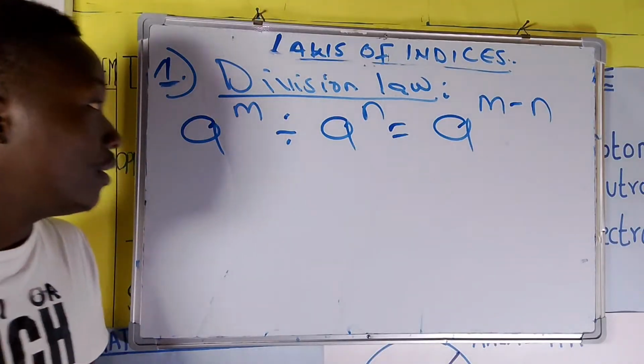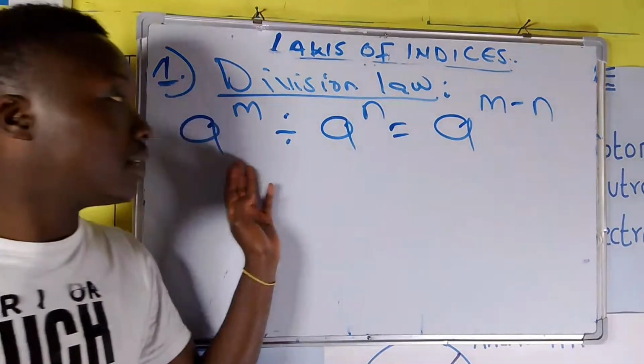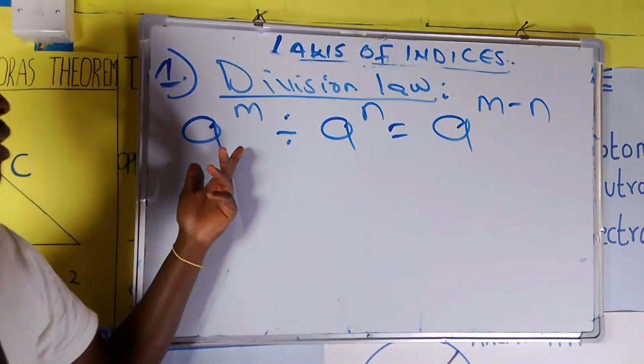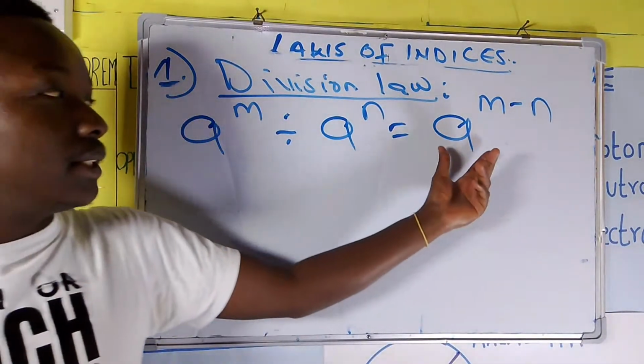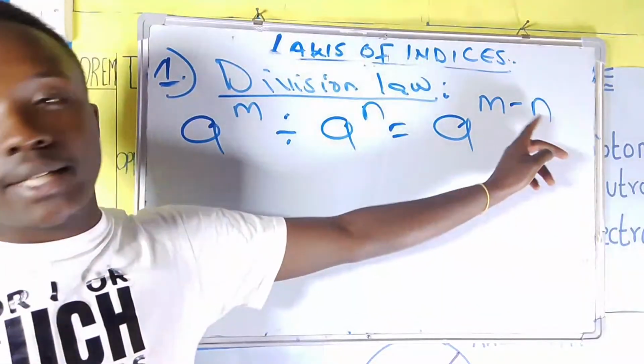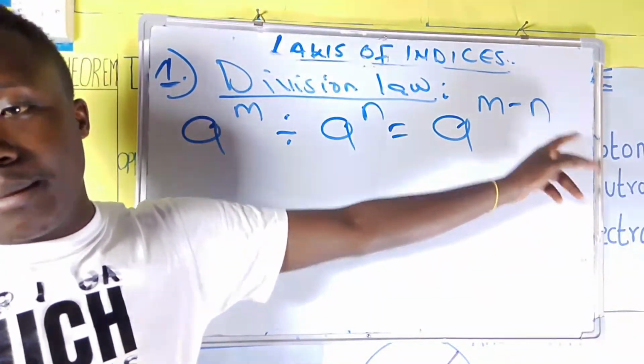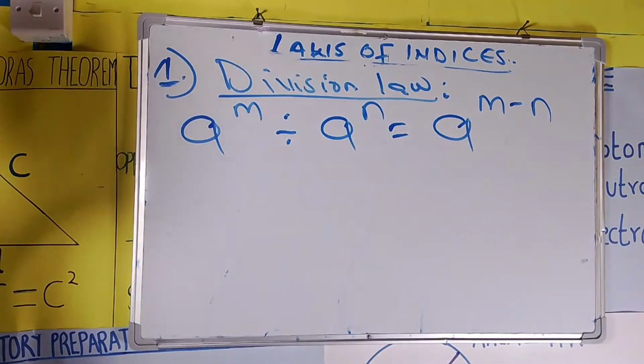In division, when we have two numbers to which the base is the same and we are dividing the two numbers, the base remains the same, but we subtract the powers, we get the difference between the powers.